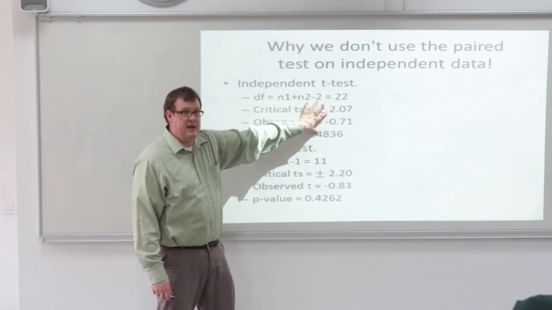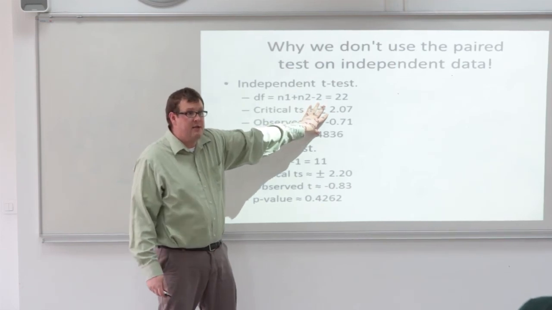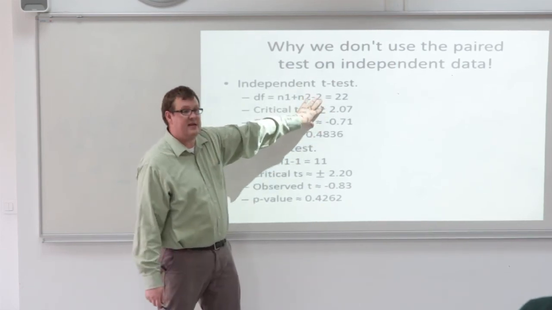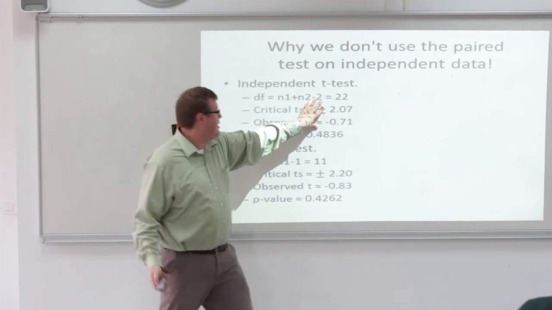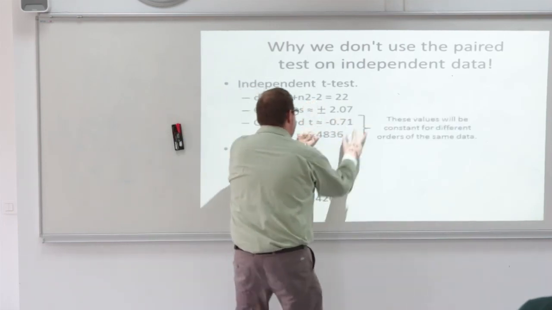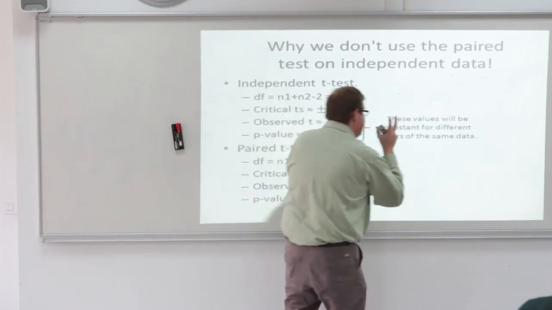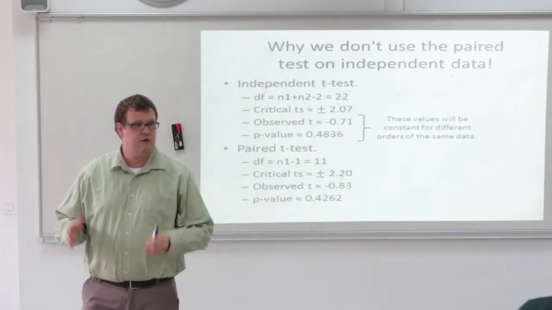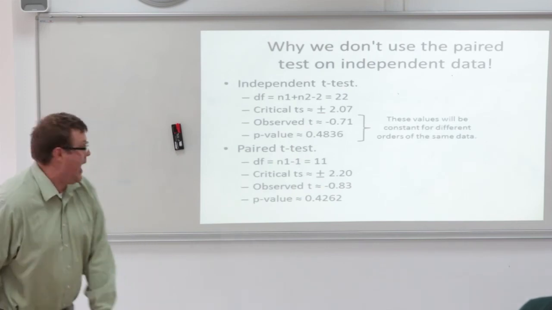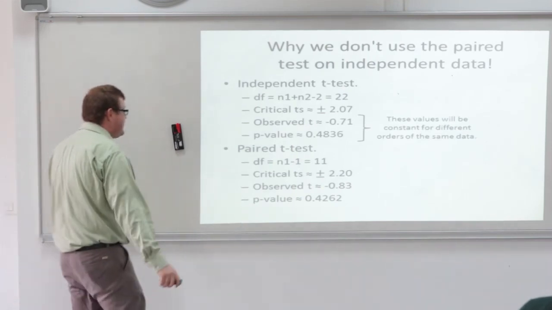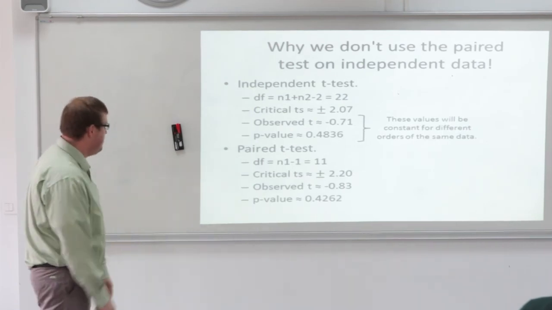No. For the independent t-test, order doesn't matter. And we demonstrated this by using an independent t-test on the paired data, and we got exactly the same answer, right? So these values here are going to be identical for the same data, regardless of the order that you put that data in. However, for the paired t-test, this isn't necessarily true.